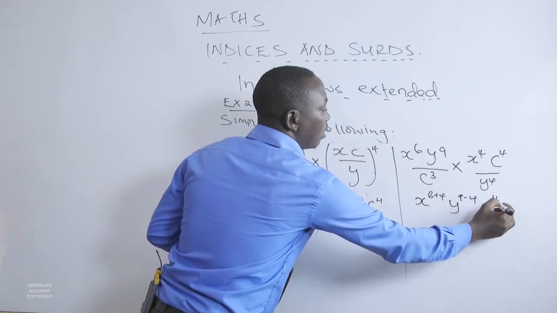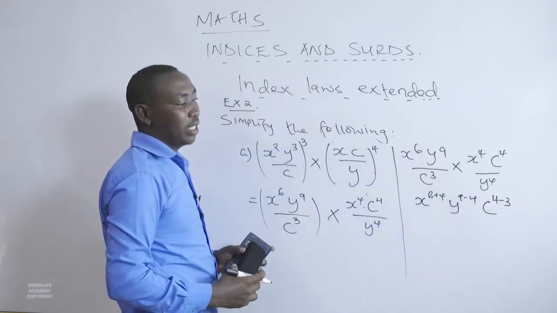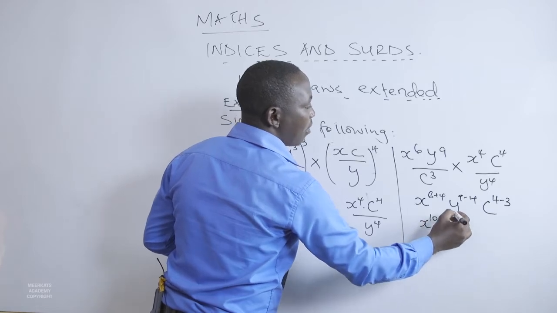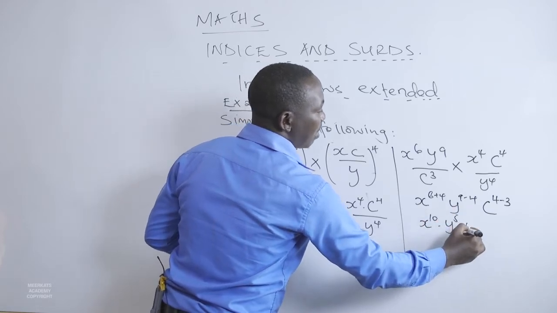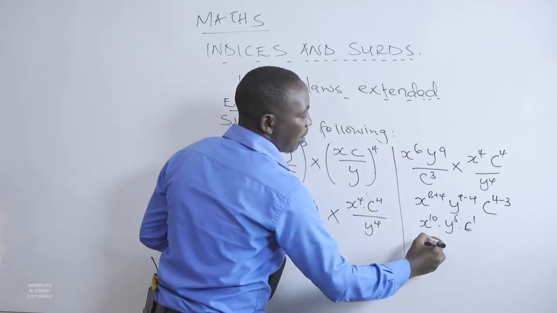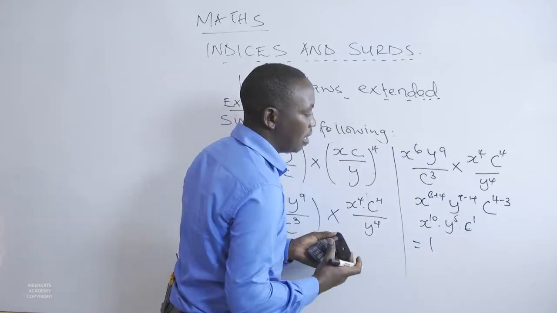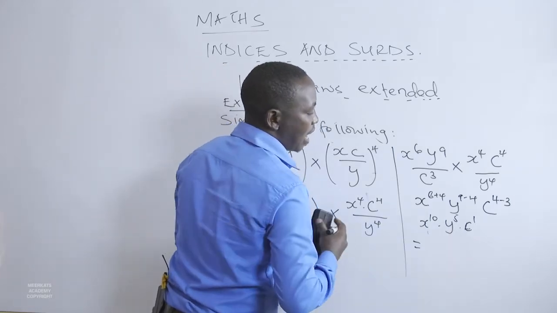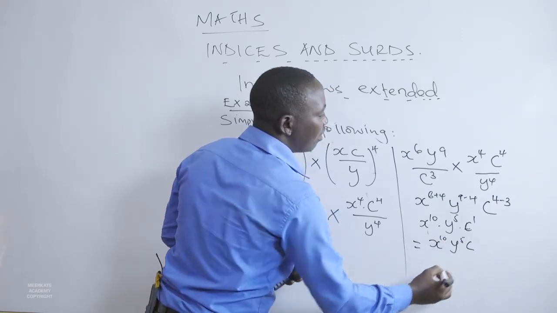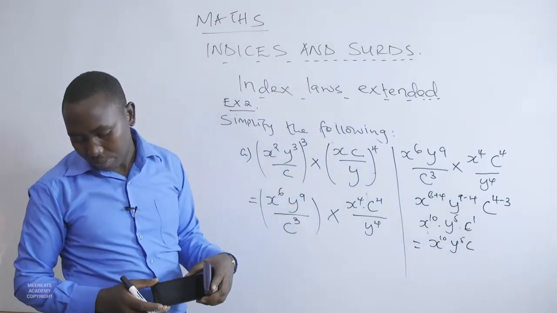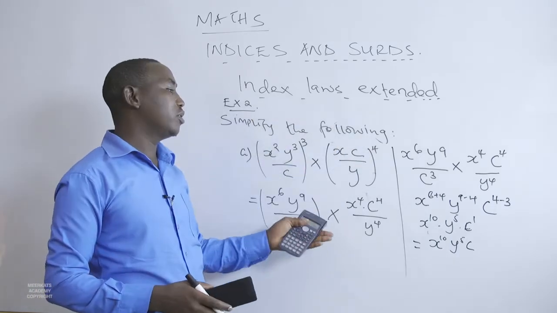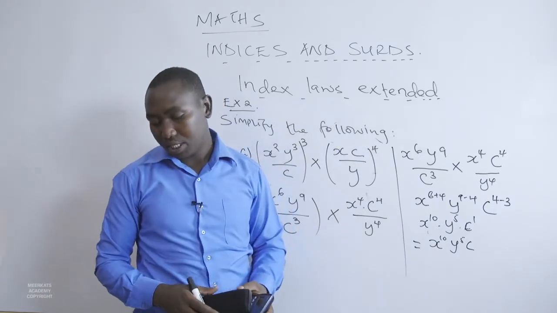That means again we subtract the powers. So this will give us x raised to 10 multiplied by y raised to 5 multiplied by c raised to 1, which when simplified shall be x raised to 10, y raised to 5, then c. So the whole, we have been able to reduce it to a single term.